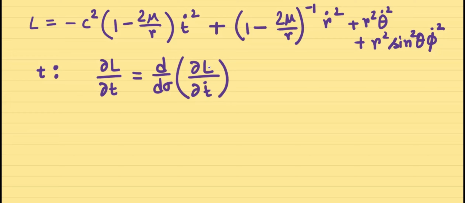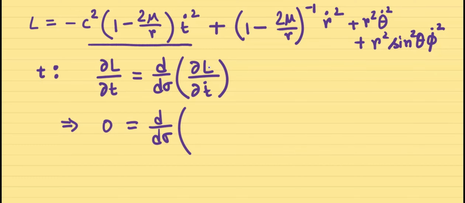Now on the left hand side, since none of the metric components are an explicit function of t, this part is 0. And on the other side we have d d sigma, and inside, of course, we do have a term containing t dot, which is precisely the first term.